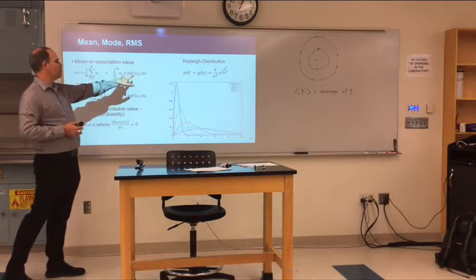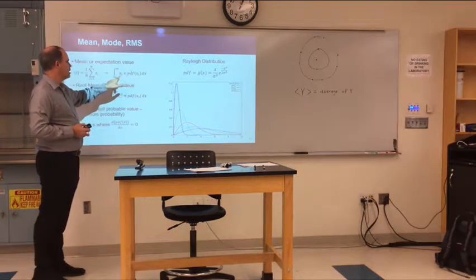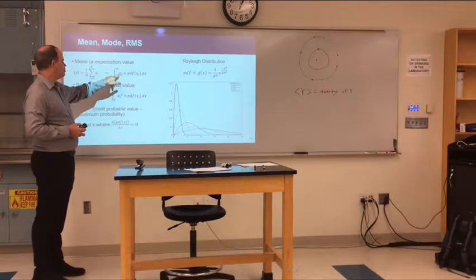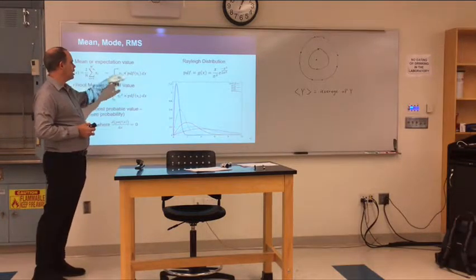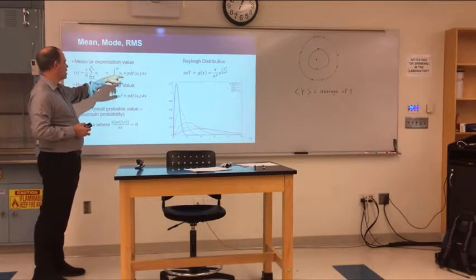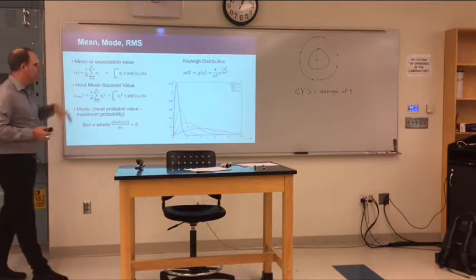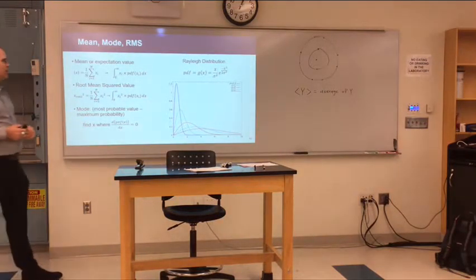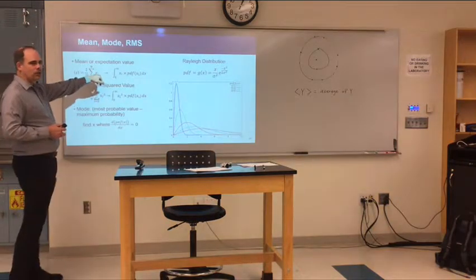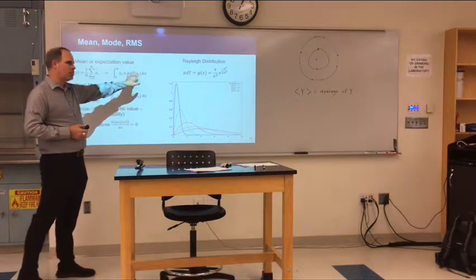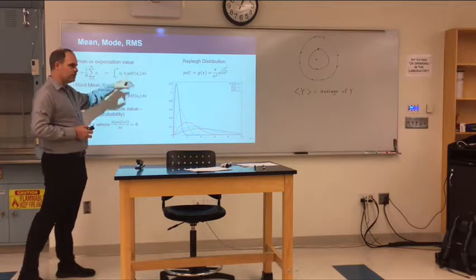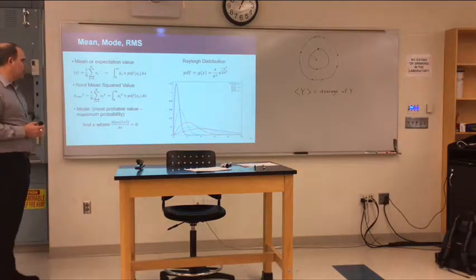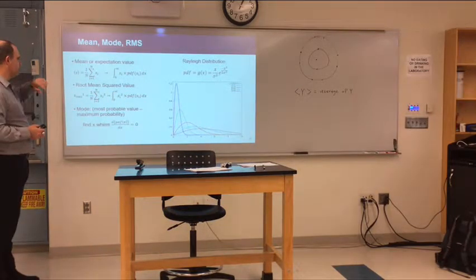If instead you have a probability distribution function, you're taking your x times the distribution function, integrating from your lowest value to your highest value, and that will give you your average value. Right? So whether you have a functional way of expressing how the x's are distributed, which would be your probability distribution function, if you have that, you're going to do this. Otherwise, you'd probably do the old fashioned way.